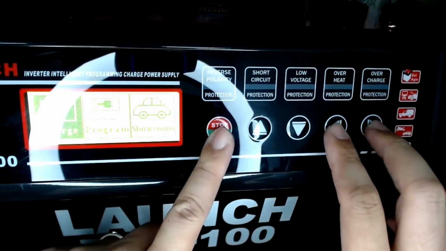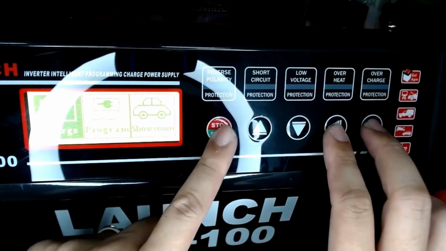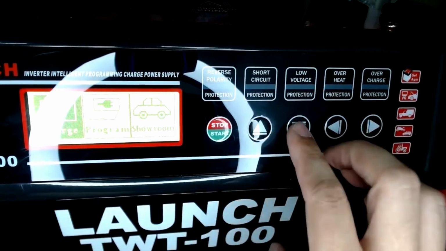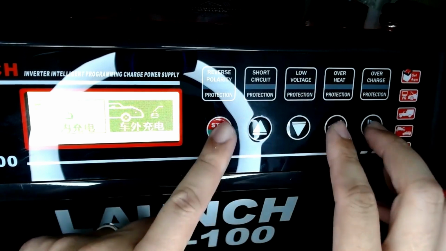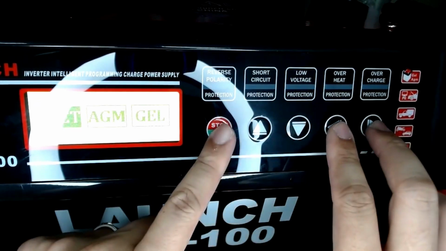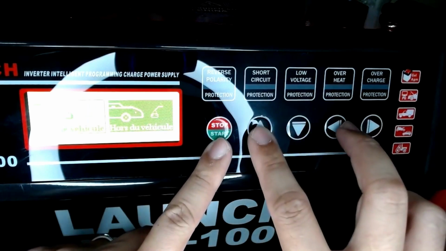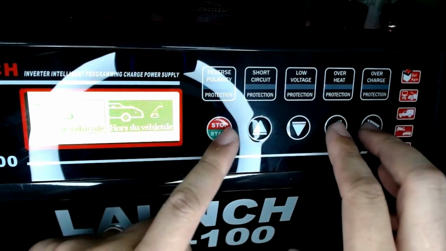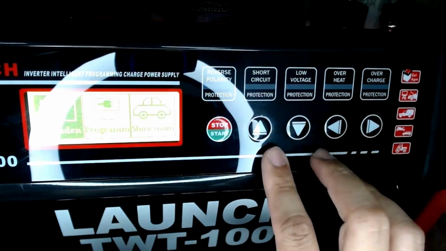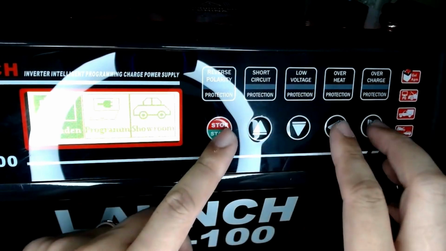Let's see what other languages it has. This I think is Dutch. Okay, this language.